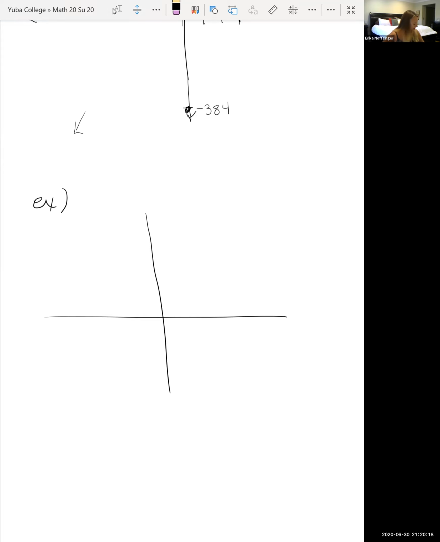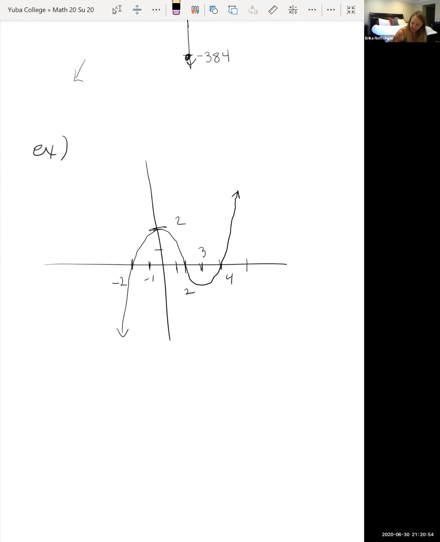Okay, so let's say you have a graph that looks like the following. First of all, could this represent a graph of a polynomial function?